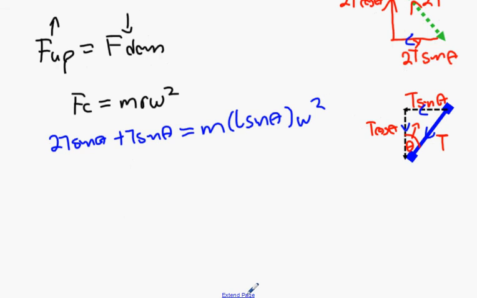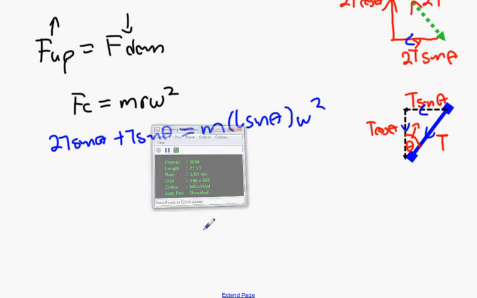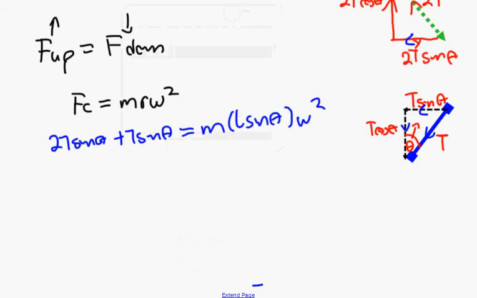Okay. Now, one second, in the notes I have. Now, what happens next, guys? It's 3t sine theta, which ends up to be m L omega squared sine theta.